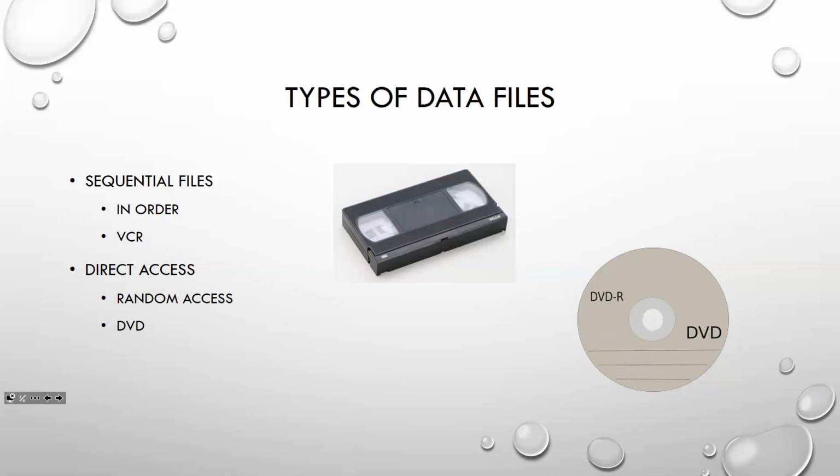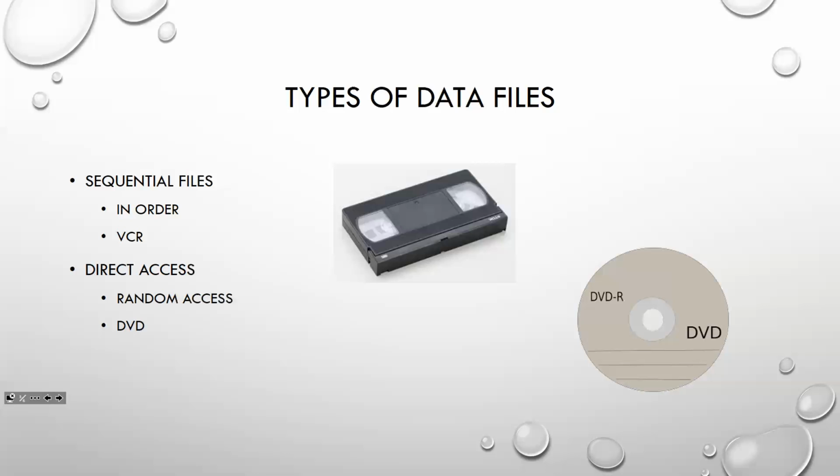If you wanted to watch a certain scene, you couldn't just go directly to it. You had to fast forward or rewind the tape to get to that exact spot, and then you could start watching. So a VHS tape is sequential, like a cassette tape. No matter what I do, I have to fast forward or rewind to get to the right spot.